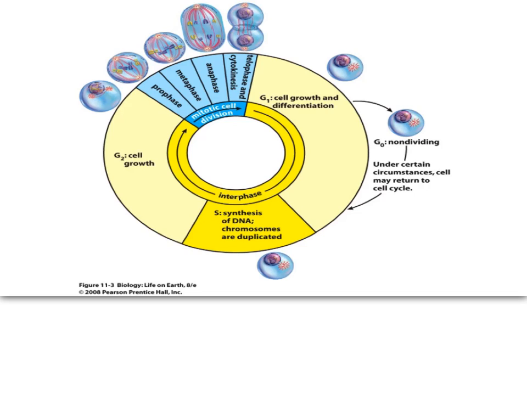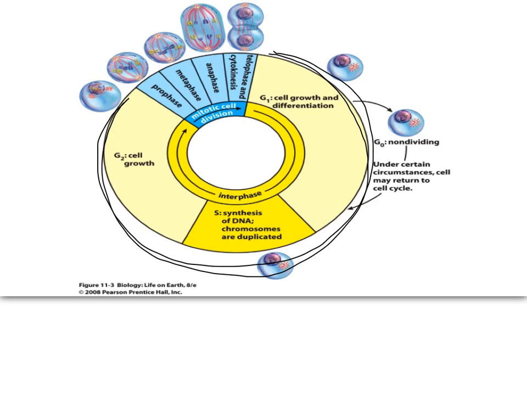In this picture, we see that this portion, which represents interphase, is actually divided into three sections. There's G1. This is where the cell is going to get bigger. Because if we're going to take one cell and turn it into two, the first thing that has to happen is the cell has to get bigger. Otherwise, with each division, we're just going to get smaller and smaller cells. The next phase is S phase, or synthesis, and this is where we copy the DNA.